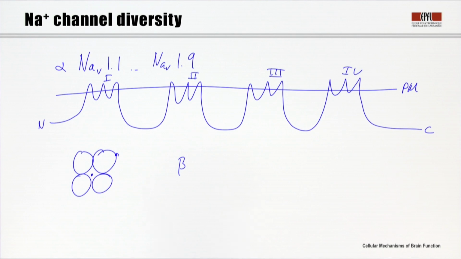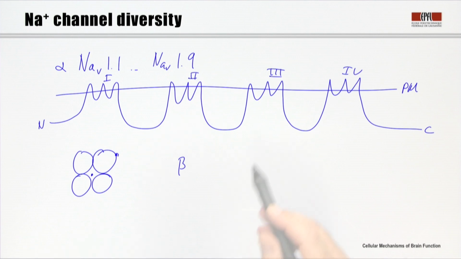Another very important aspect that's different between the different isoforms is the cell types in which they're expressed and also the subcellular localization of the voltage-gated sodium channel. As we will learn in the next lesson, the density of the voltage-gated sodium channel is regulated very precisely, and some small subregions of neurons have very high densities of voltage-gated sodium channels, and that makes a big difference to the functioning of neurons.